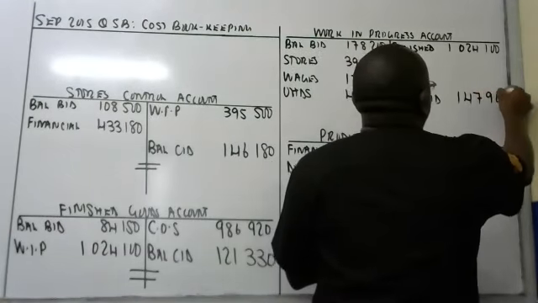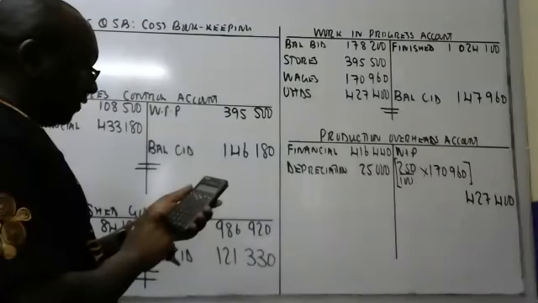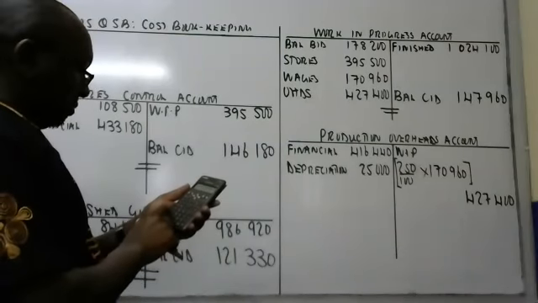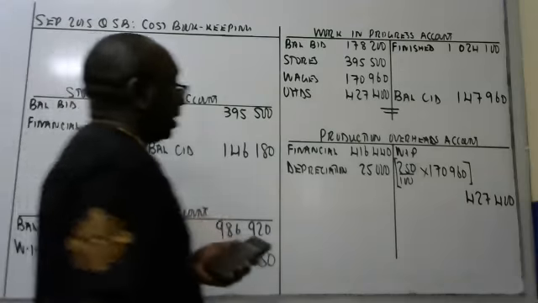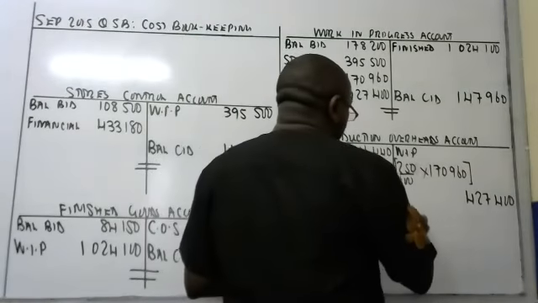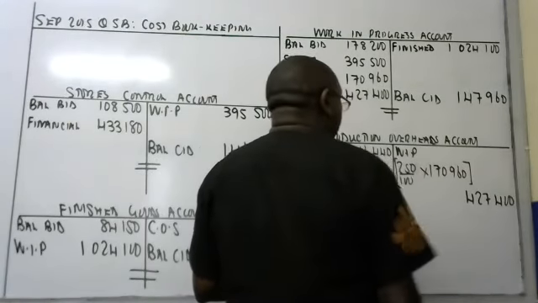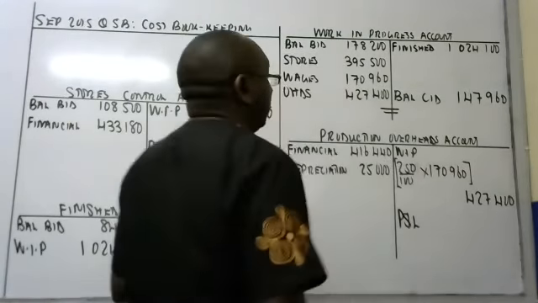That one you close. And finally, this one will be 440 plus 25,000 minus 427,400. So this is an under absorption that should go to P&L of 14,040 shillings.